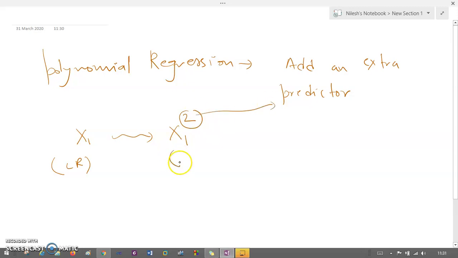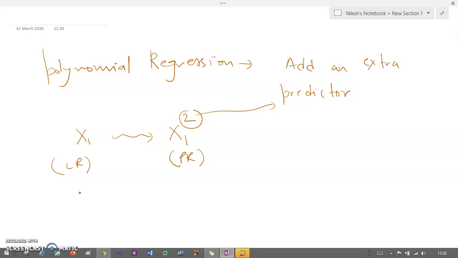So if my equation in the linear model is x1 plus x2 plus x3, then in polynomial regression it is x1 square plus x2 cube, x2 quadrate, like that. I'm just increasing the power of the original predictors.